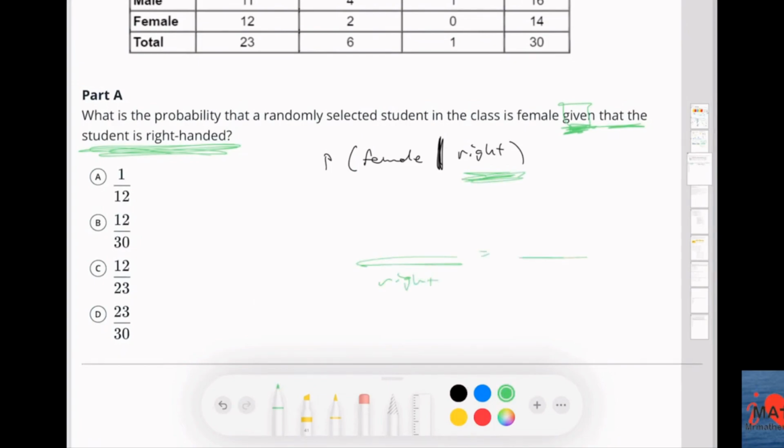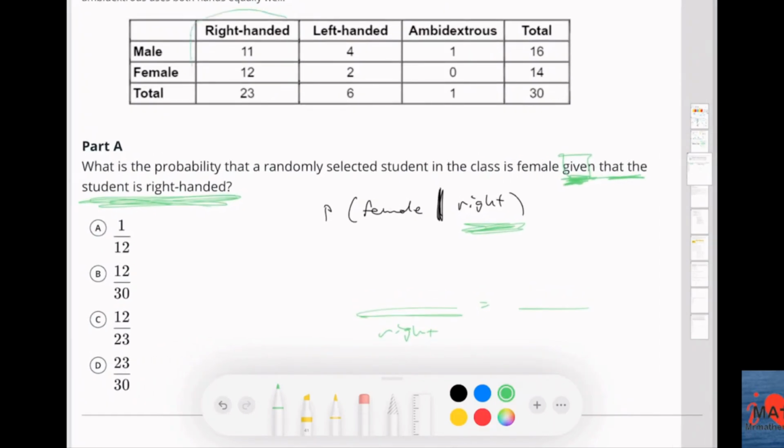That's the denominator, and that would be this one right there. 23 people are right-handed. Looking at just the right-handed people now, how many of those are female? Female would be 12. So I have 12 out of 23, which would be choice C.